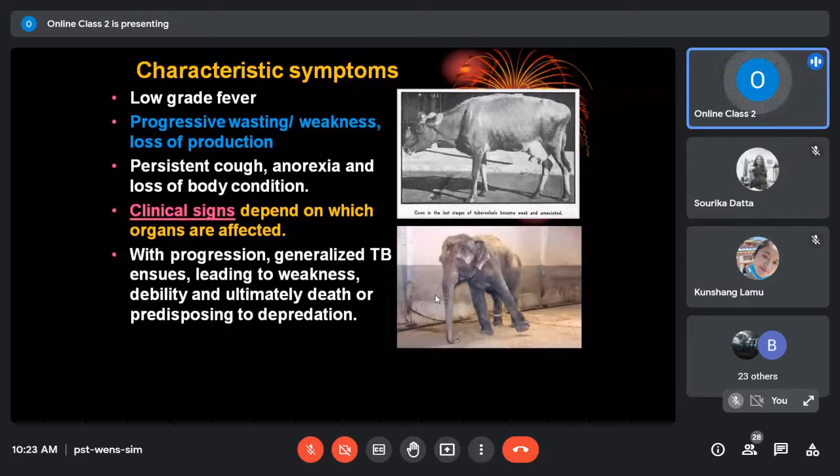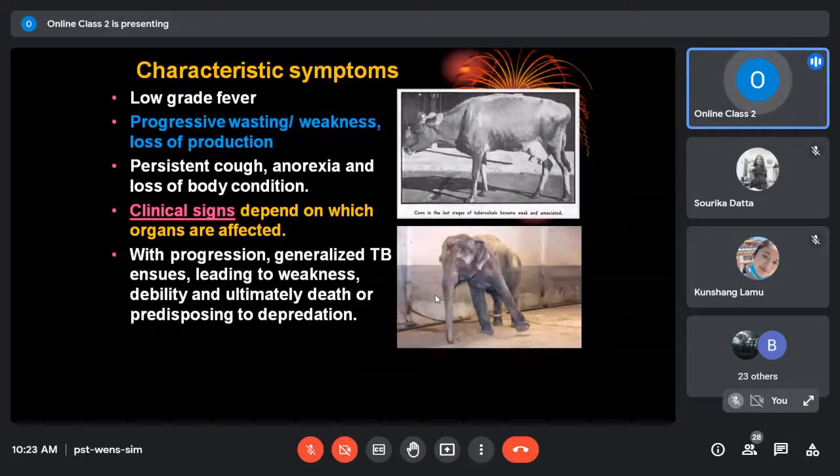Progressively means slowly, not suddenly. It takes time, maybe months or even years. So they will go on wasting and becoming weaker day by day, losing body weight, emaciating, and losing production.